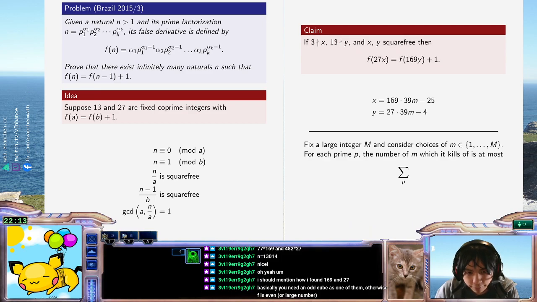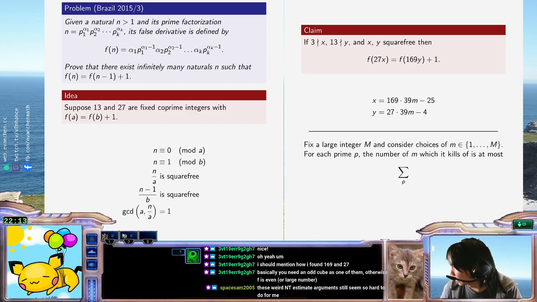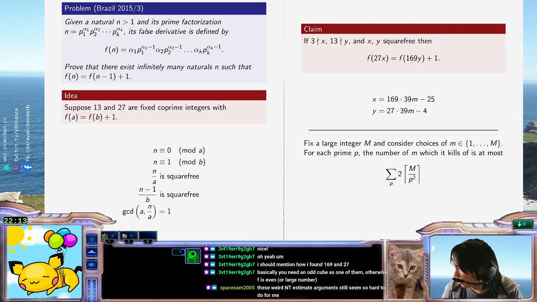Ceiling of m over p squared times 2 is what happens. So for example, some of these will be divisible by 4, and that's okay. Oh, 4 is actually really annoying.